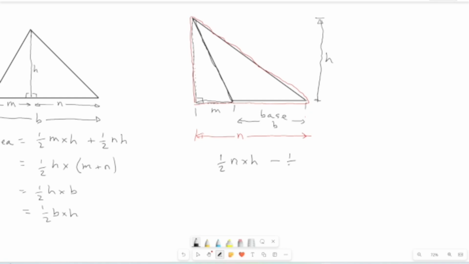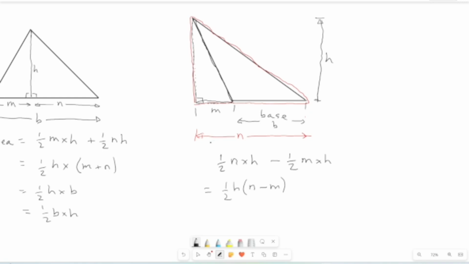The area of the smaller triangle is 1/2. I've called this m, so we'll just use that for the base. m times h. And again, we can factorize that. Take out the 1/2 and the h because they're common to both terms. 1/2 h, and we're left with n minus m.